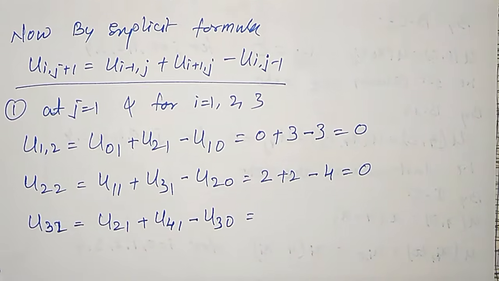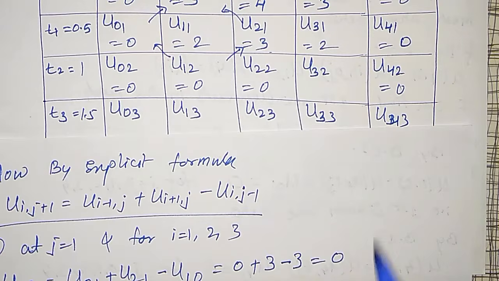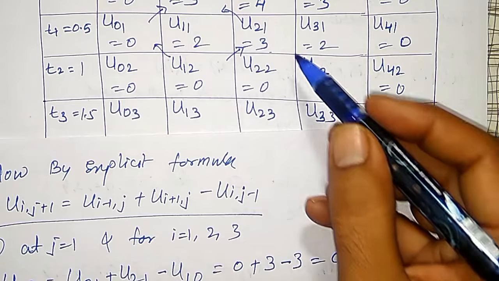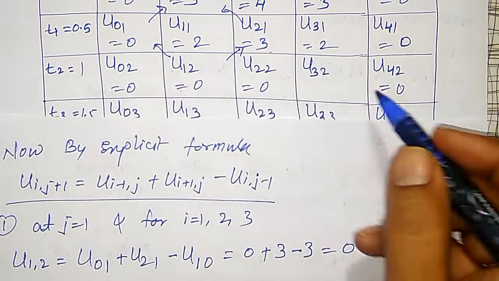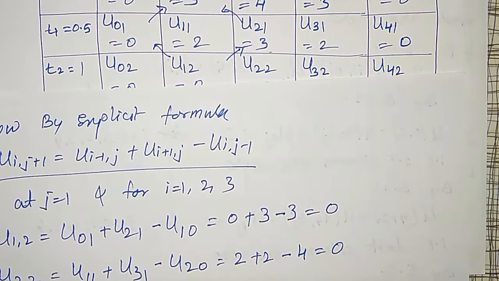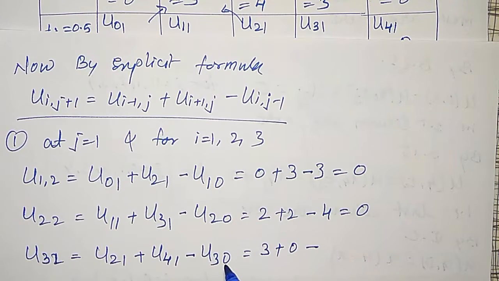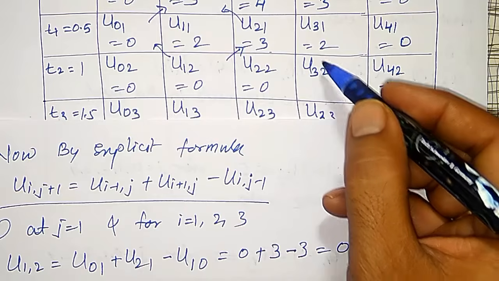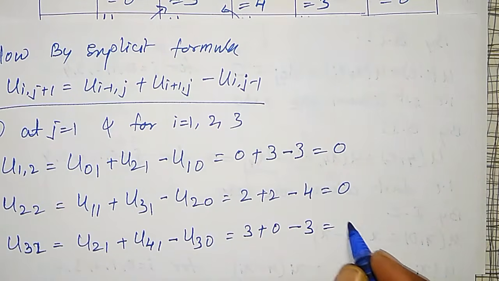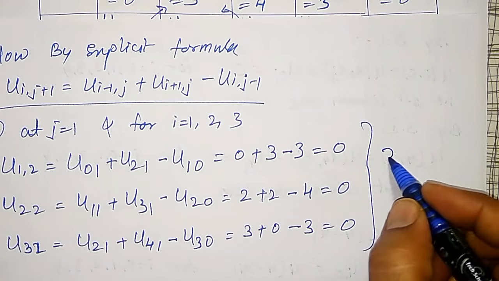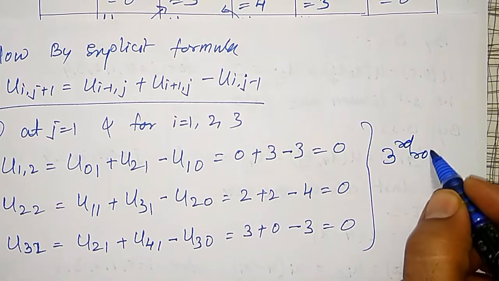From the table you can check out u21 for u32. To find out, u21 is 3 plus u41 is 0 minus u30 is 3, therefore 3 minus 3 is again 0. This will give you the third row elements.